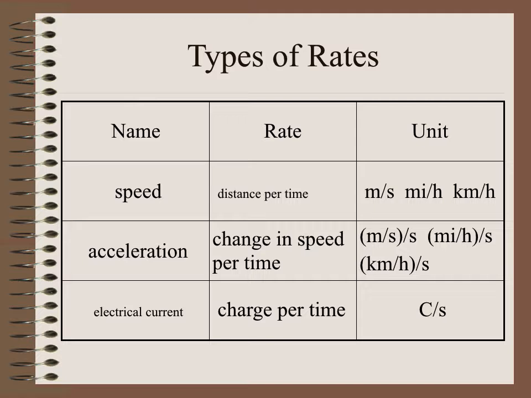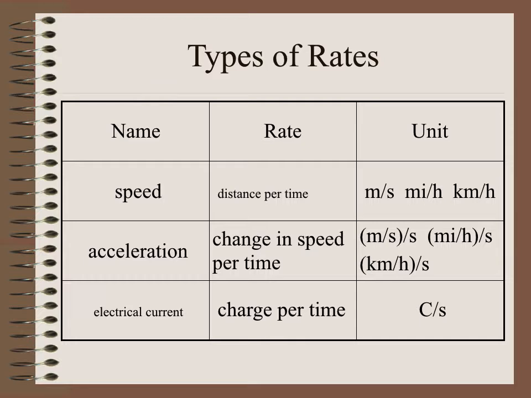In taking a look at the units, notice that there's a slash. The slash is our indication for division. So for speed, we have something like meters per second, miles per hour, or kilometers per hour. Notice that the slash is then read as per.